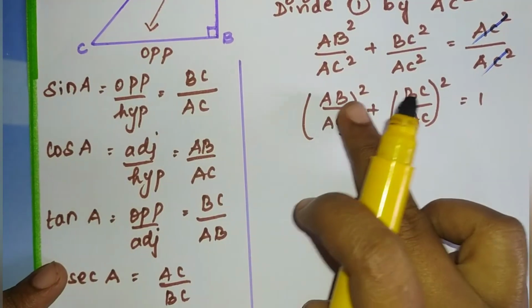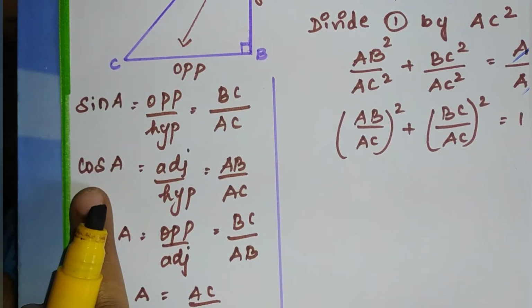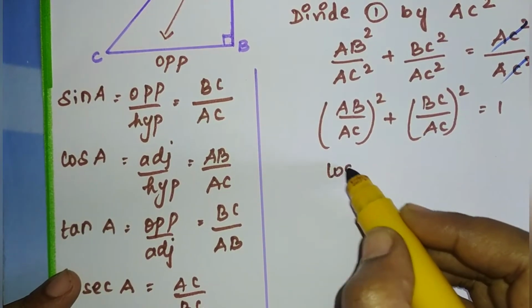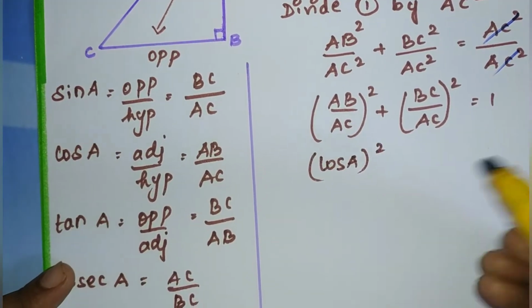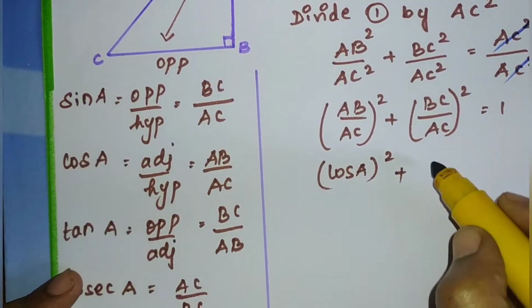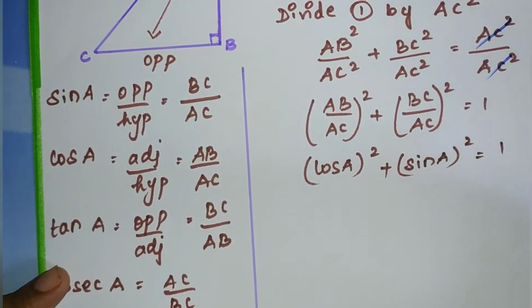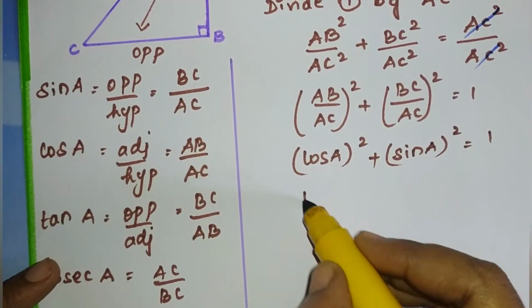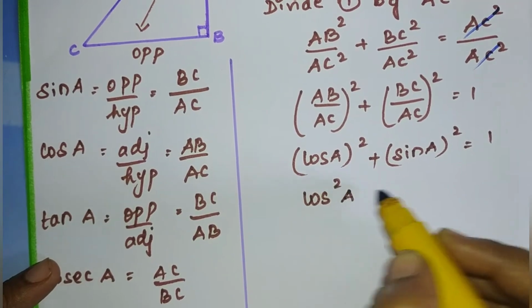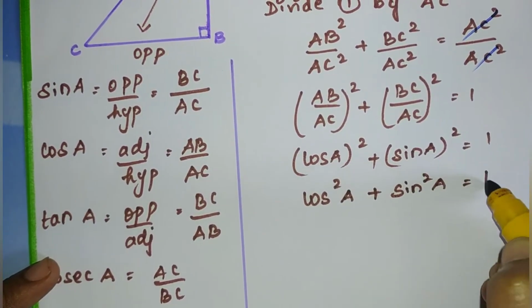So which one is AB divided by AC? It is cos A, so cos A the whole square, plus BC divided by AC, which is sin A, sin A the whole square, is equal to 1. So cos square A plus sin square A is equal to 1.